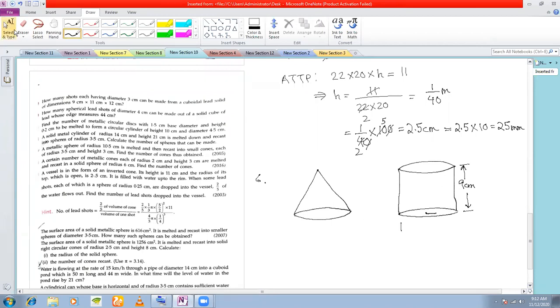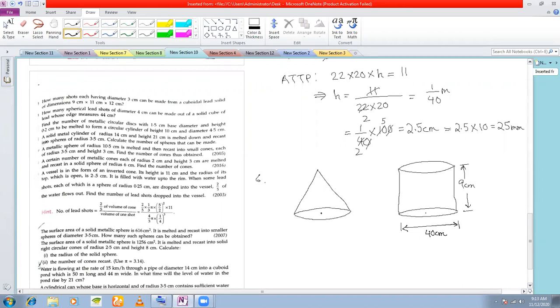This diameter here is 40 centimeters. Next, find the radius of the base of the cone.